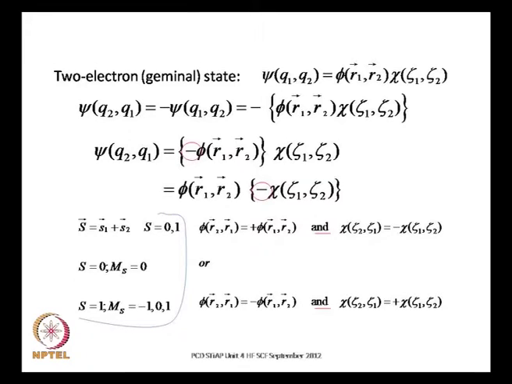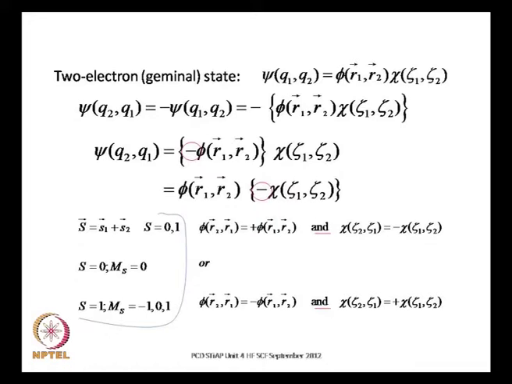So, what do these 2 possibilities correspond to? They correspond to the spin being either 0 or 1, because the net spin of the 2 electron system is given by this summation of S1 and S2. So, this is a coupling of 2 angular momenta, both of which are half. So, the net spin will go from half minus half modulus, which is 0, to half plus half, which is 1.